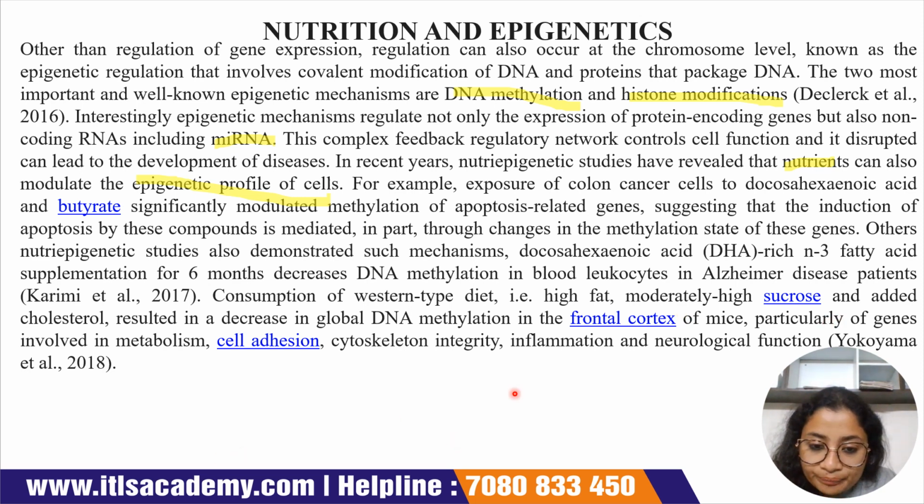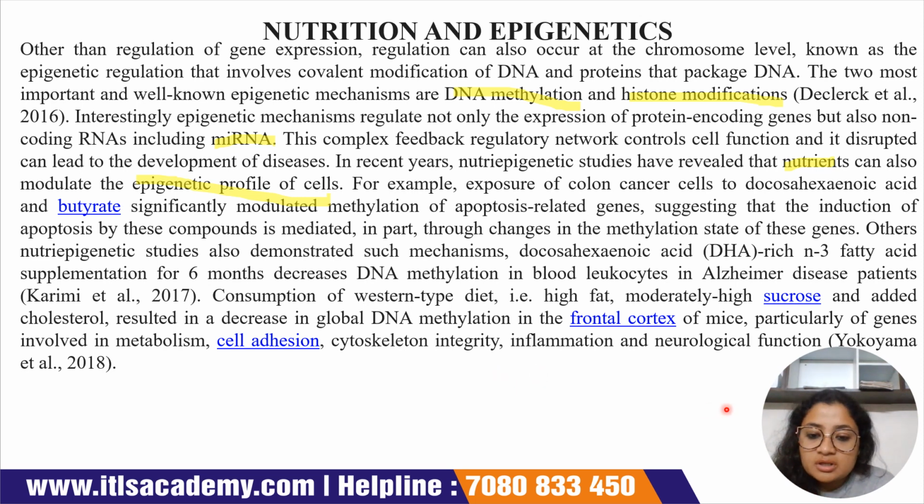Another example will be the Western type diet, which contains high fat, high carbohydrate and high cholesterol content. That is a typical Western diet, because they are more or less dependent on pizzas, burgers, French fries, etc. So it's a very unhealthy type of diet, and it results in decreased global DNA methylation.